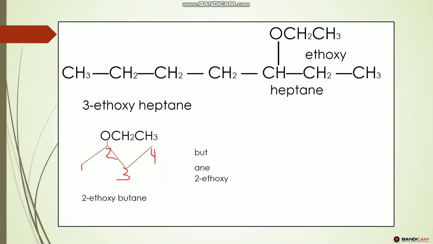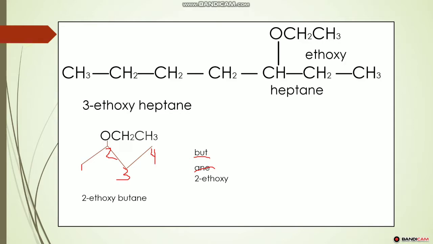Since we have 4 carbons in the parent chain, we can give the first name as but. Then its last name as N due to the fact that it is single bonded. And for its substituent, it is located on the second carbon.